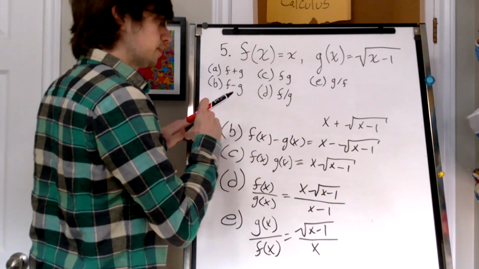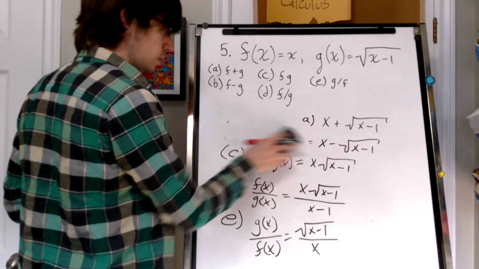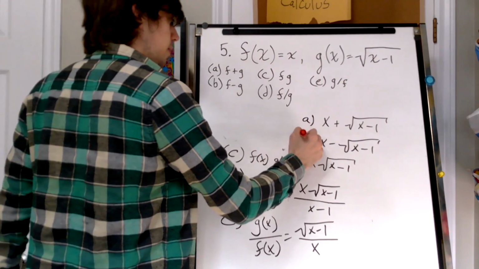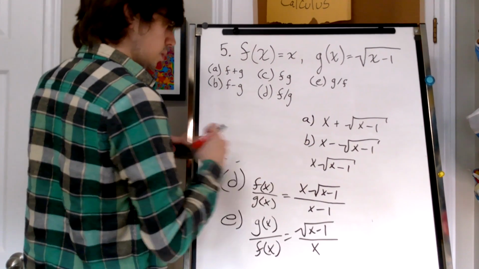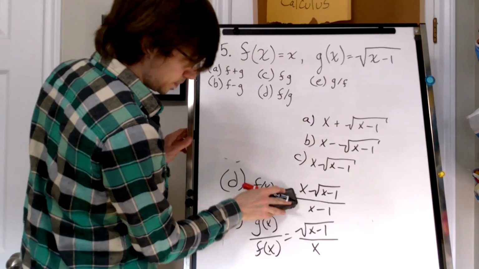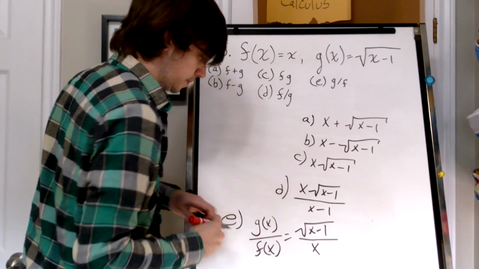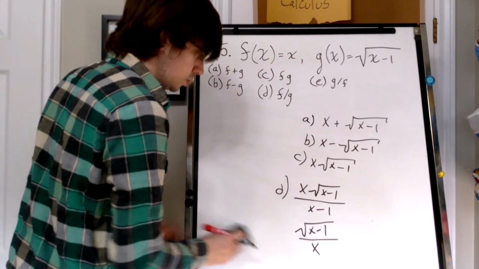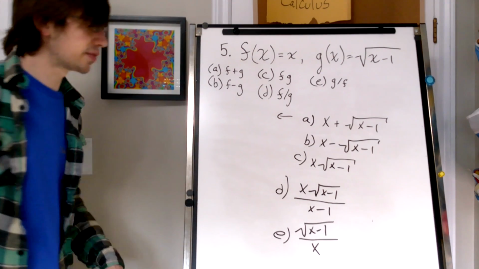This is A. This is B. C. D. And E. Let's ask ourselves, what is the domain and codomain of this?